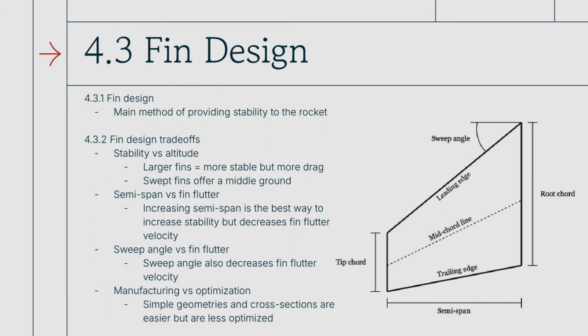You can sweep the fins. So if you increase the sweep angle, then you can reduce some of that drag because they're more aerodynamic. So it's a little bit of a middle ground. But typically, if you want your rocket to be more stable, you won't go as high.